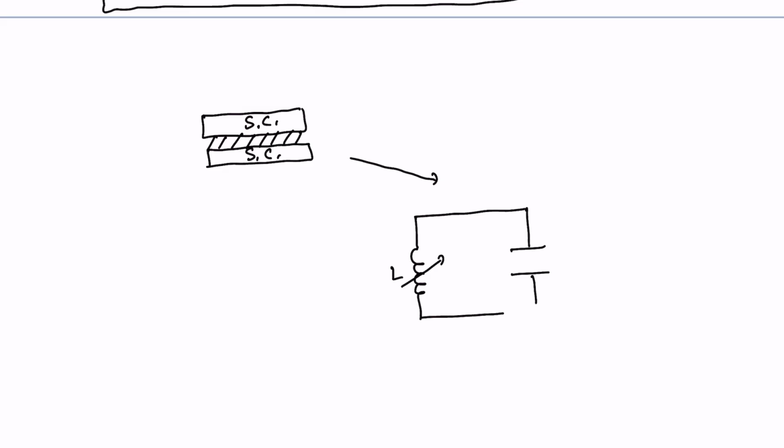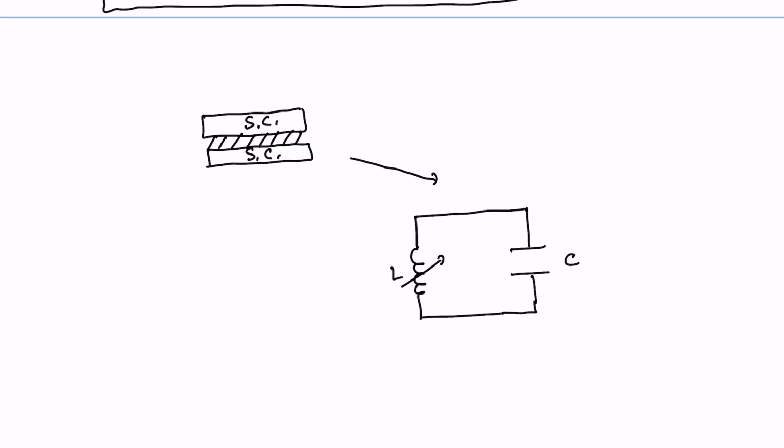Now in the ideal case, when this inductor is a linear inductor, when quantized, this LC circuit behaves like a harmonic oscillator. That means the energy spacings between two consecutive energy levels are equal. Now because of this nonlinearity in the inductor, this harmonic energy level structure is basically getting broken.